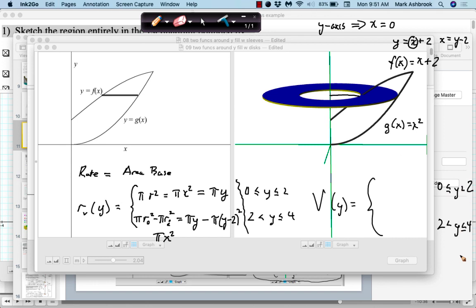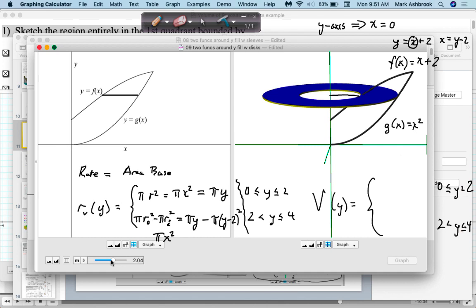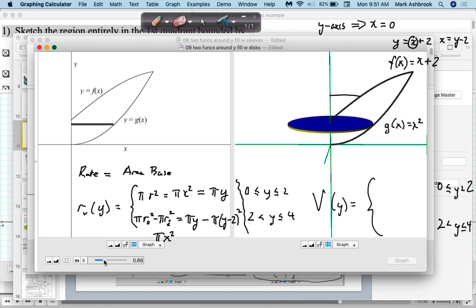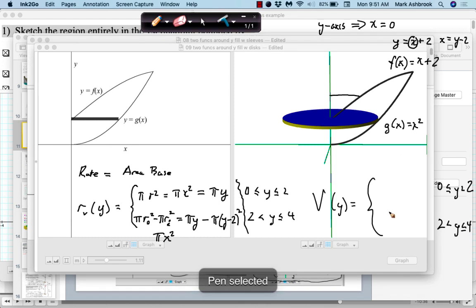What's my volume accumulation function as y goes from 0 to 2? Meaning this part right here, accumulating volume up to 2. How would I write that? We said all we needed to write an accumulation function now was the rate. So we can write any accumulation function we want.